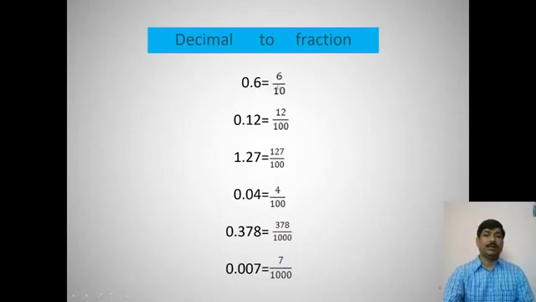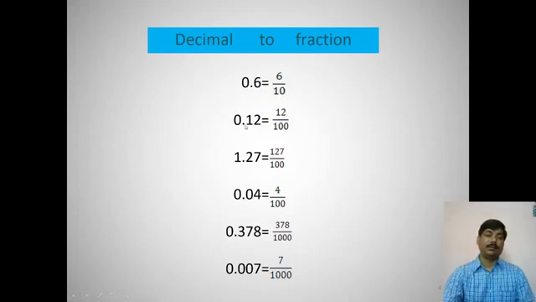And the denominator will be 1, and we increase the zeros. How many digits are after the decimal? 1. As the number of digits after the point, we increase the number of zeros. If there is 1 digit, we add 1 zero.